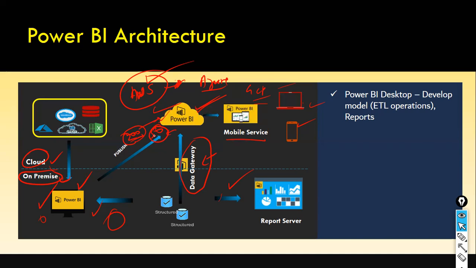For example, if I open the report, it should show me today's sales performance, not yesterday's. In that case, the data gateway once again comes into the picture. With the data gateway, you can schedule the data refresh. By scheduling the data refresh, you enable these 50 reports to keep up-to-date data in them. That is the whole idea of the data gateway.